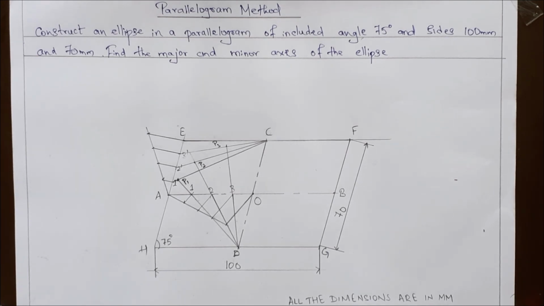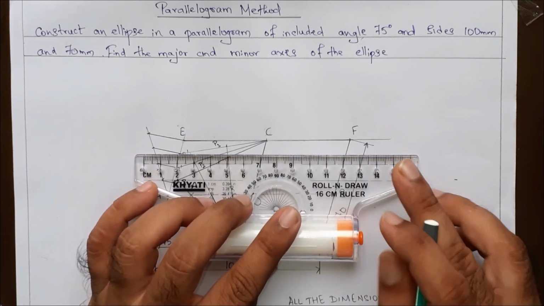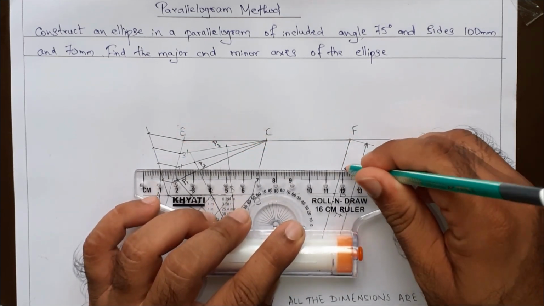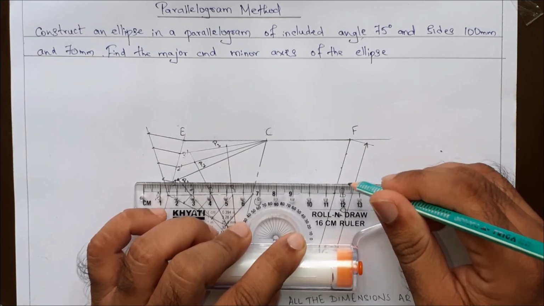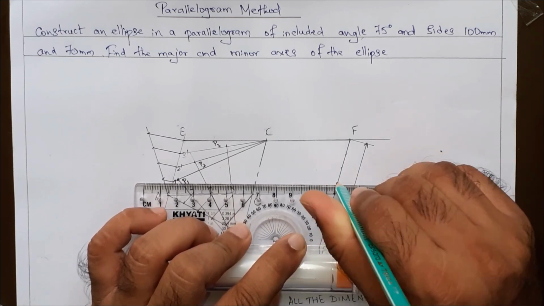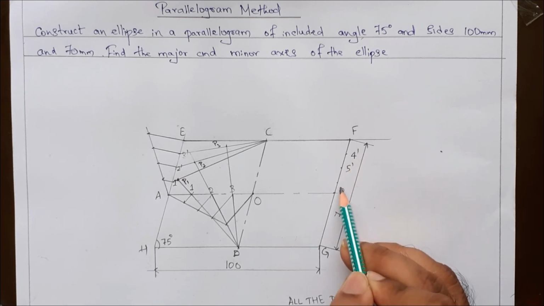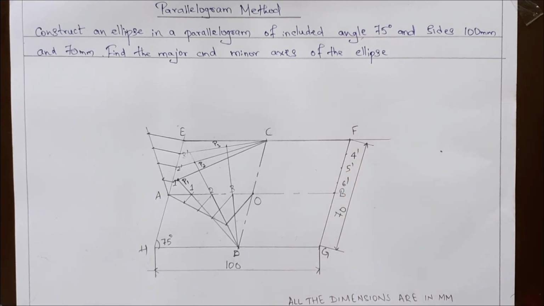Now we have to repeat this step in the remaining 3 quadrants. So let's take your scale and mark this point. So these points are 4 dash, 5 dash and 6 dash respectively. Like we have drawn here, let's divide the OB line into 4 equal parts.